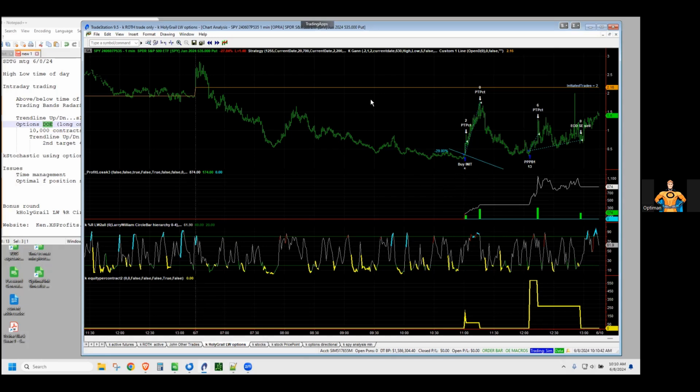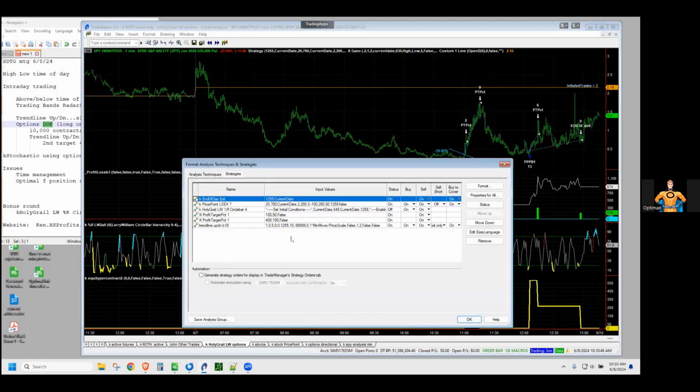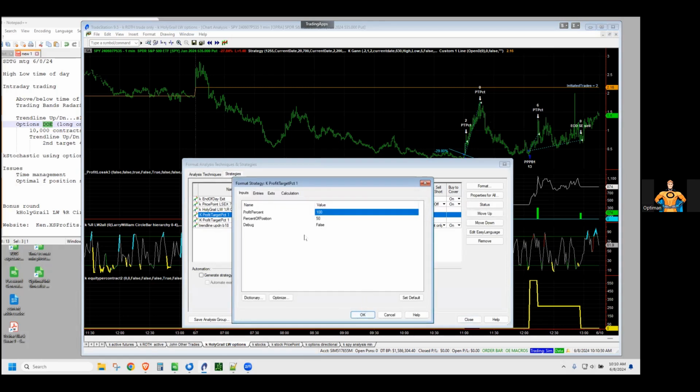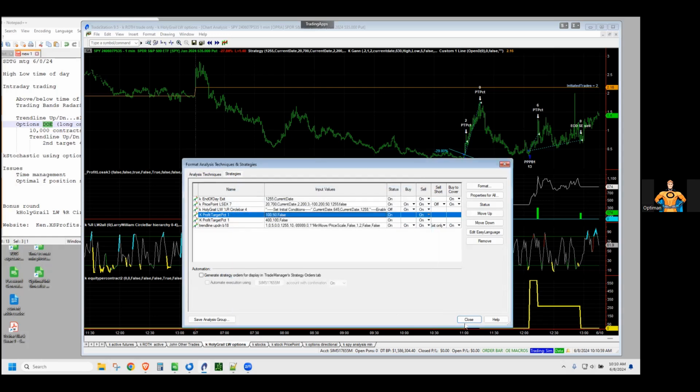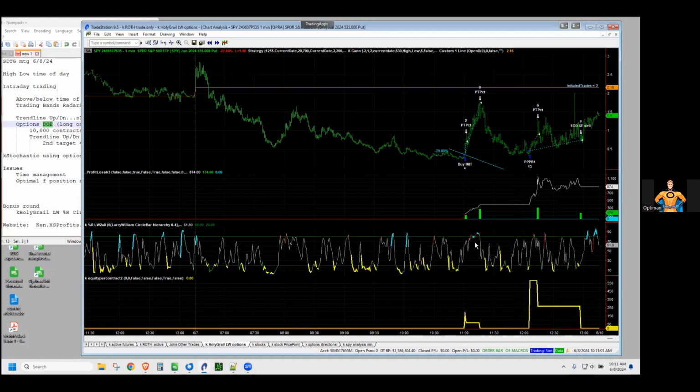I have 2 exits in here. I have one exit for 50% of my position. For 50% of my position, I take 100% profit. That's my profit target. So what happens when you take 100% profit? You can no longer lose any money. That trade, after this point here, I cannot lose any money the rest of the day. It's basically going to end up flat. And I like that.